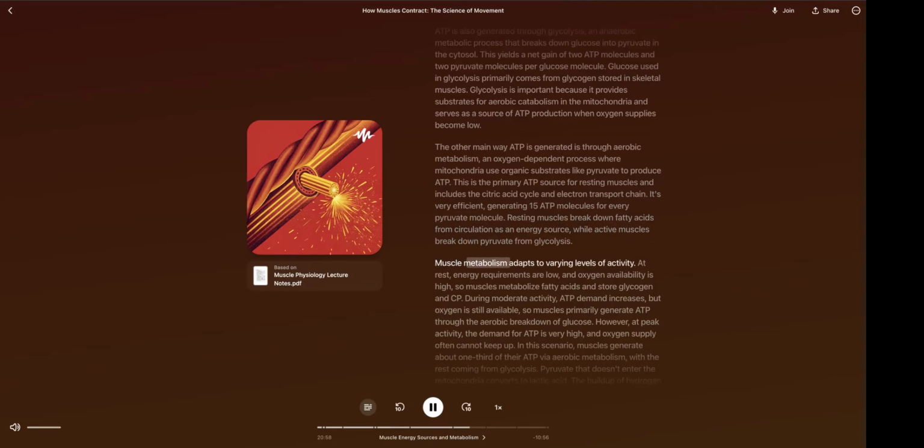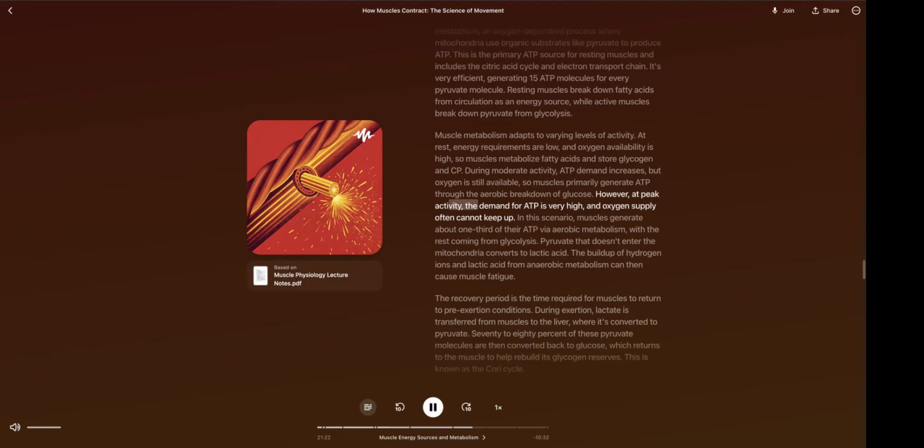Muscle metabolism adapts to varying levels of activity. At rest, energy requirements are low and oxygen availability is high, so muscles metabolize fatty acids and store glycogen and CP. During moderate activity, ATP demand increases, but oxygen is still available, so muscles primarily generate ATP through the aerobic breakdown of glucose.